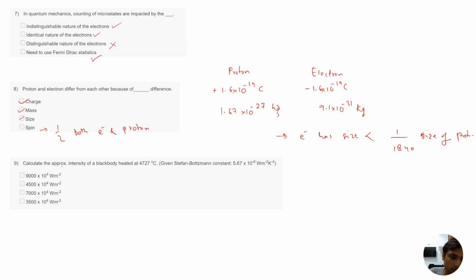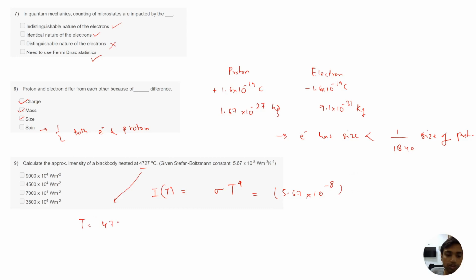Okay, so calculate the approximate intensity of a black body heated at this temperature. You can easily calculate the intensity by the Stefan-Boltzmann law, sigma T to the power 4. Sigma is 5.67 into 10 to the power minus 8, and you have to remember that T you have to input in Kelvin.